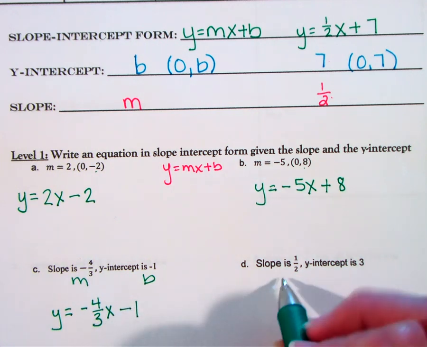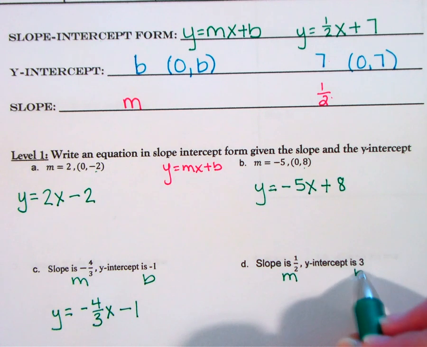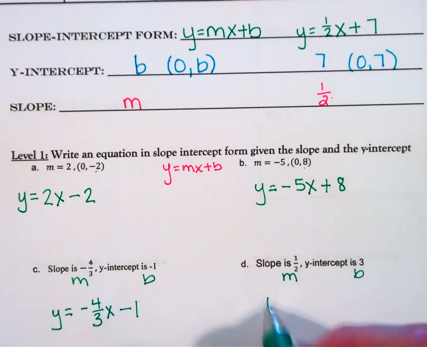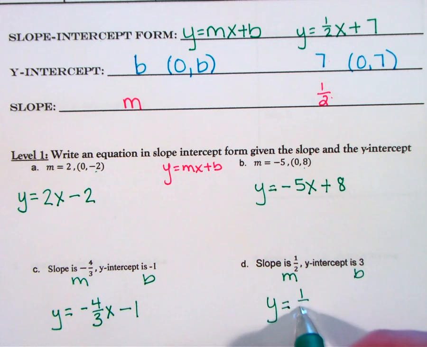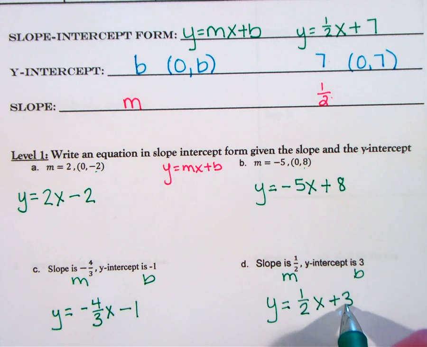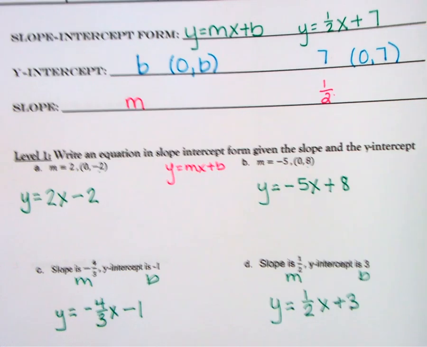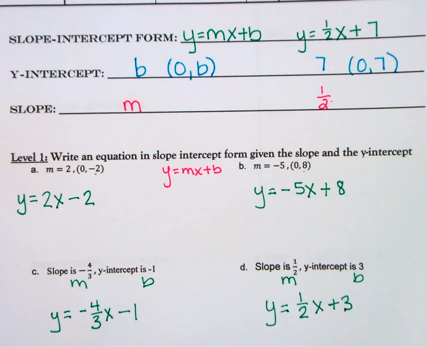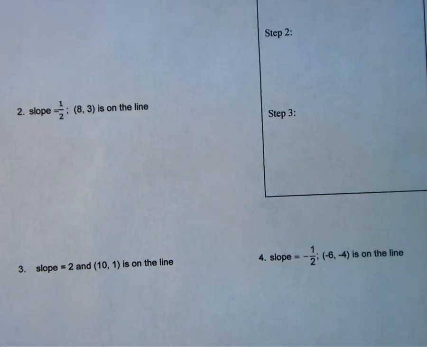And then the last one, this is your m, this is your b, y equals, put your m in there, 1/2 x, and then plus 3. Okay, that's level 1. We're also going to go over level 2 today, which is a little bit more complicated. So I'm going to turn the page.